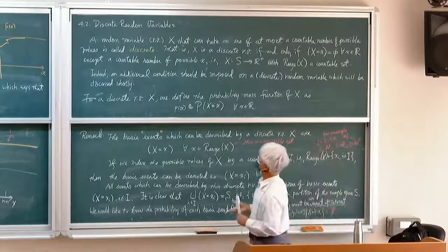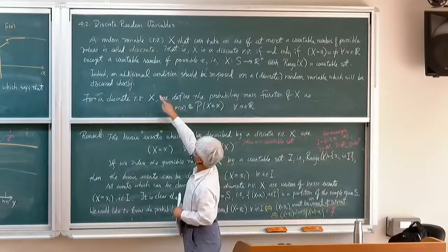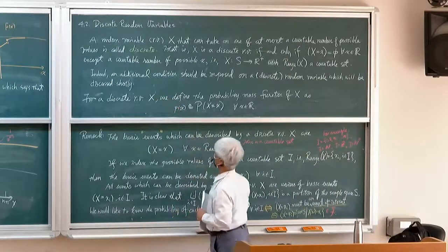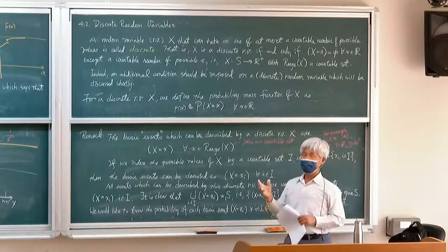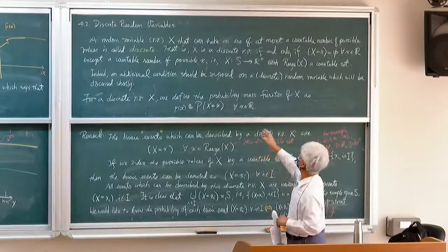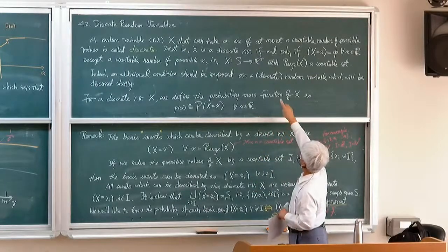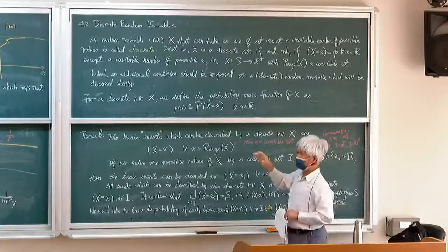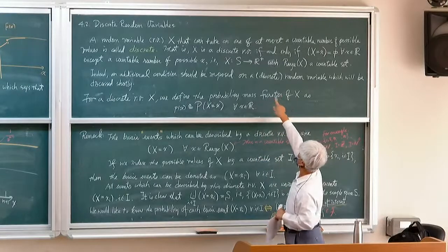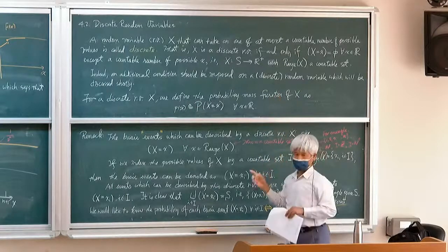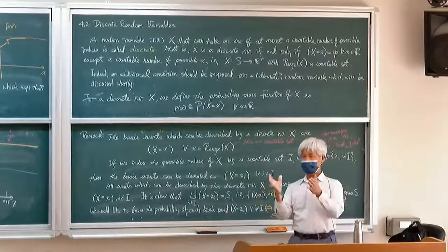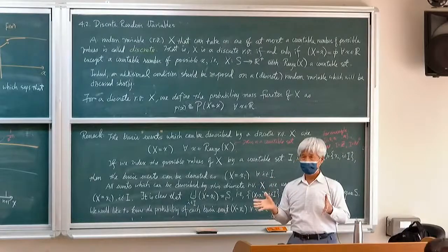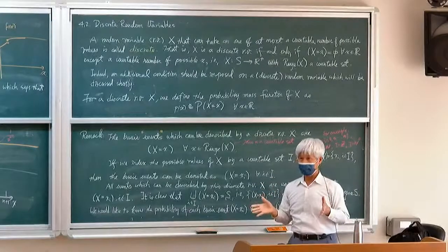Okay. So now, what is this additional condition for a discrete function from the sample space to the set of real numbers such that the range is a countable set? What is this additional property?